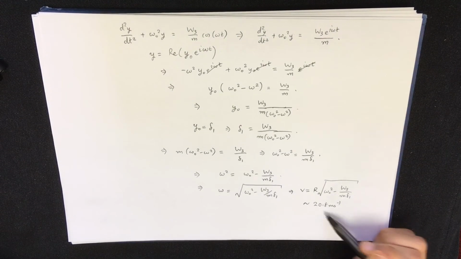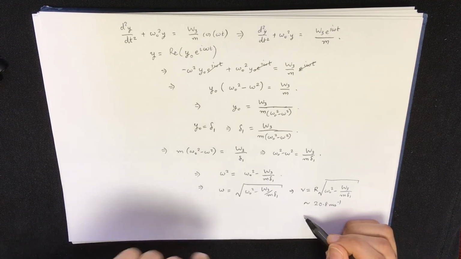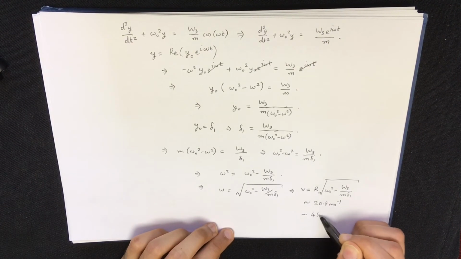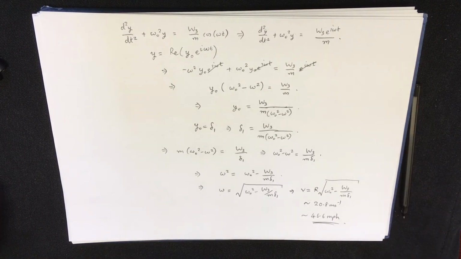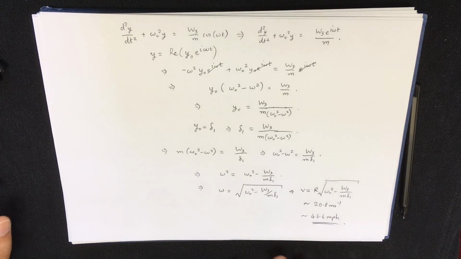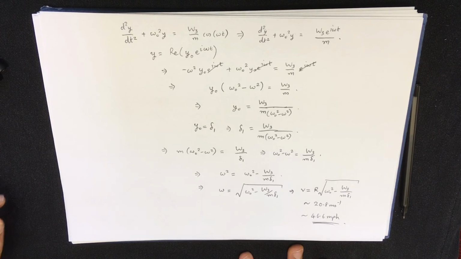So if you convert all of this to miles per hour, you end up getting around 46.6 miles per hour, which actually ends up being the answer. It was a super gratifying problem to work on because it combines loads of bits of physical intuition, and it's also a really neat example of how resonance can cause annoying effects in the real world.